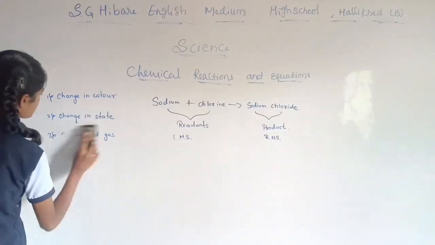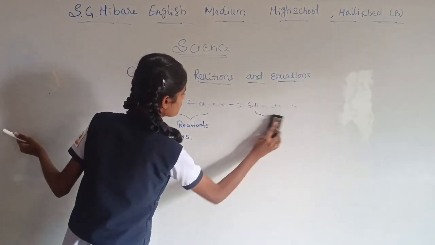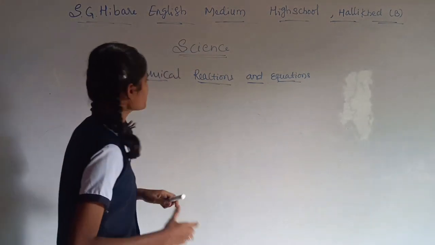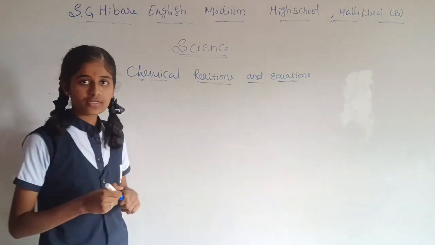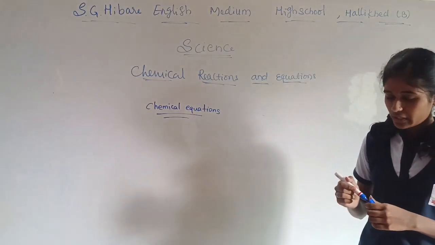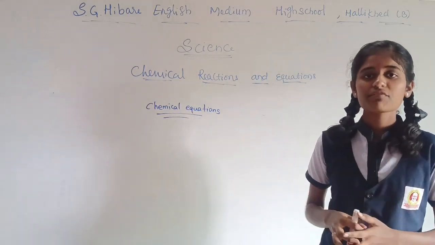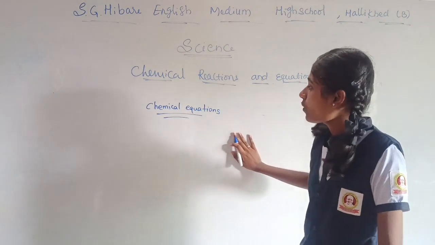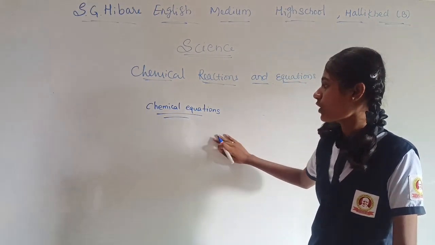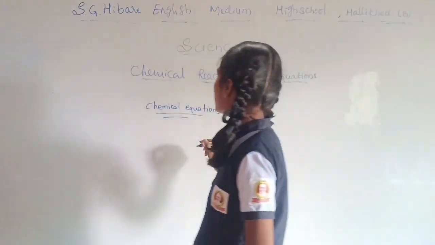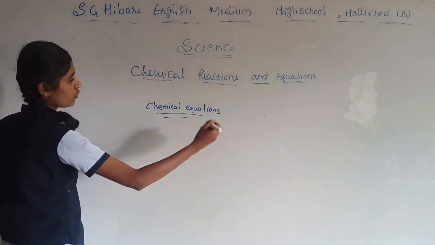Now we get to know about chemical equations. A chemical equation is a symbolic representation of a chemical reaction. A few minutes ago I wrote sodium plus chlorine gives sodium chloride, but it takes more time to write sodium, chlorine, sodium chloride.